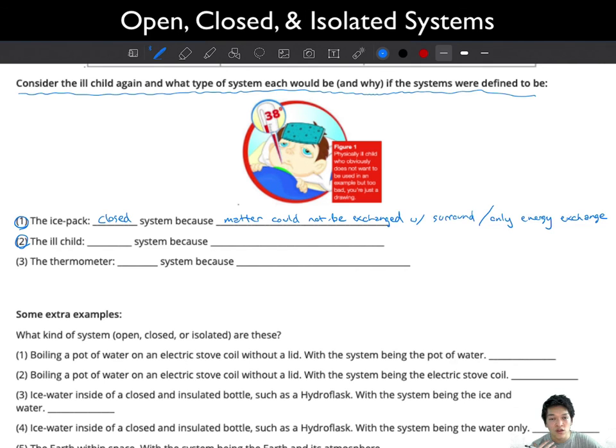Also, the kid is releasing sweat into the surrounding. So if both energy and matter are transferring from the system to the surrounding, then it's an open system. Both matter and energy transfer.